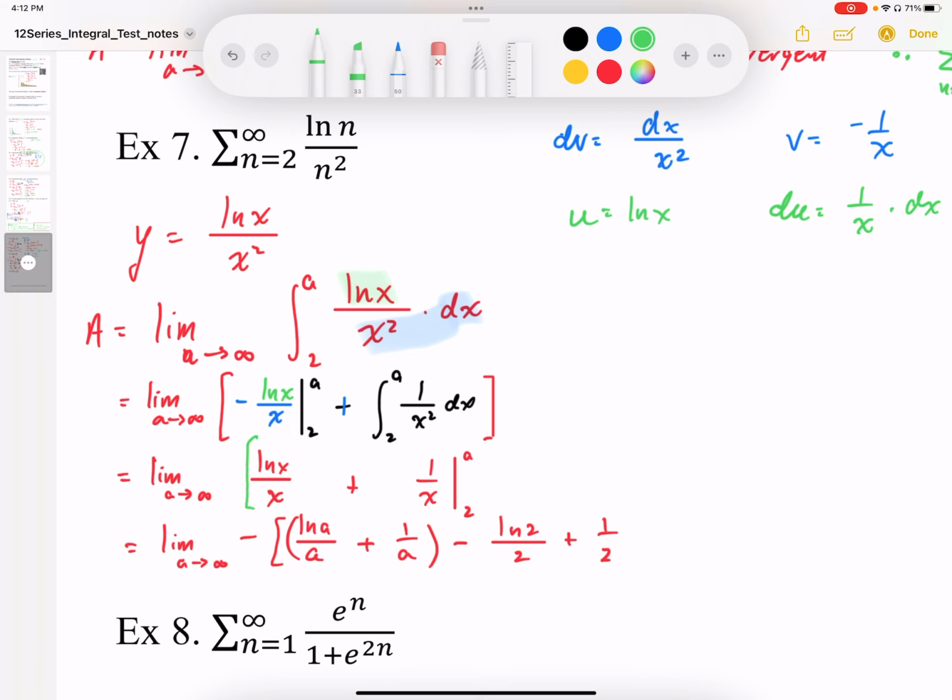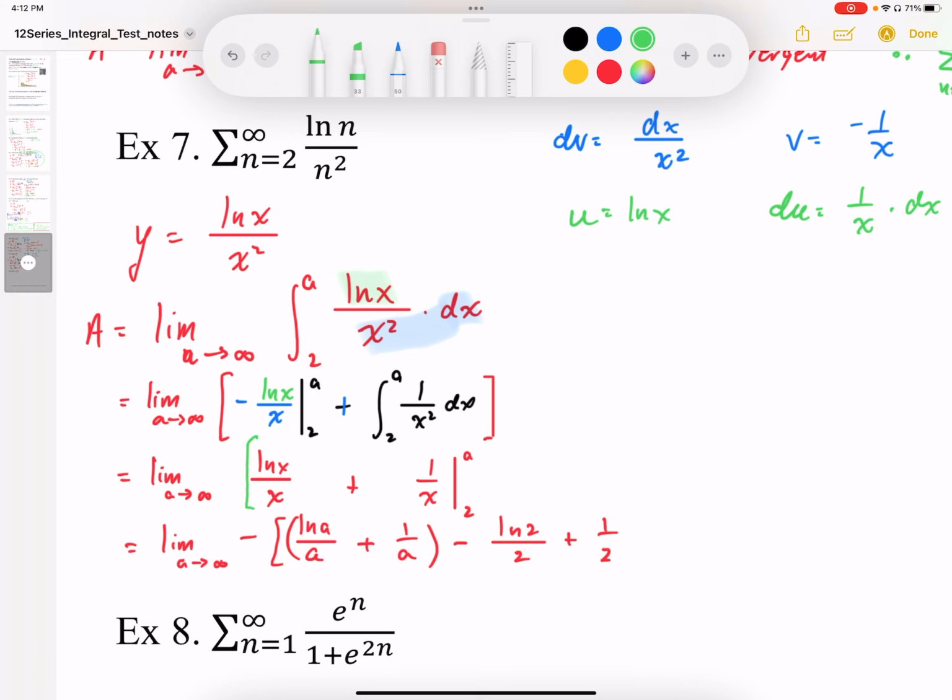So now I can just let the a value be infinite. So my area is equal to negative log infinity over infinity. Well, we know as a limit that this is going to be equal to 0, plus 1 over infinity.